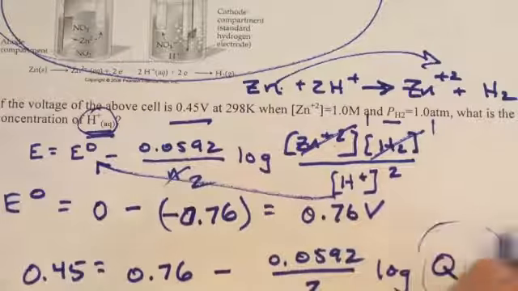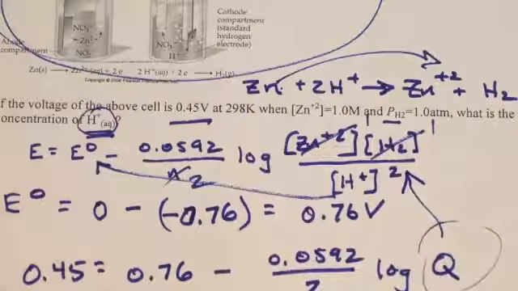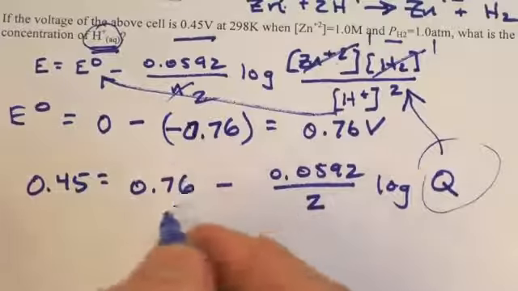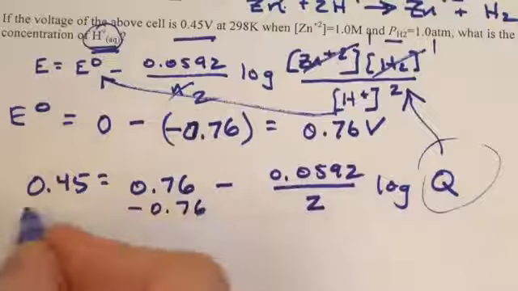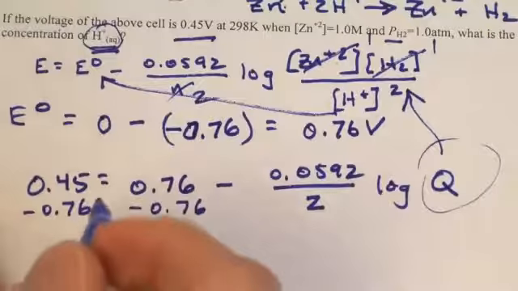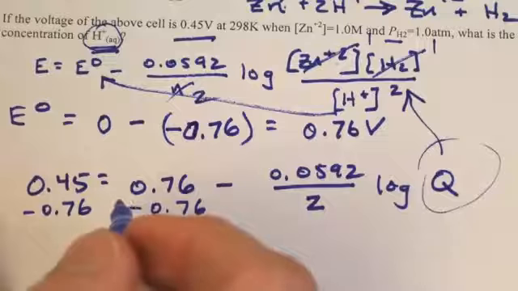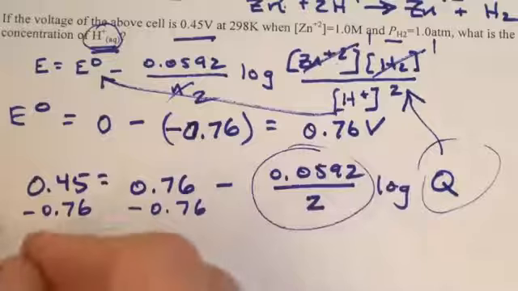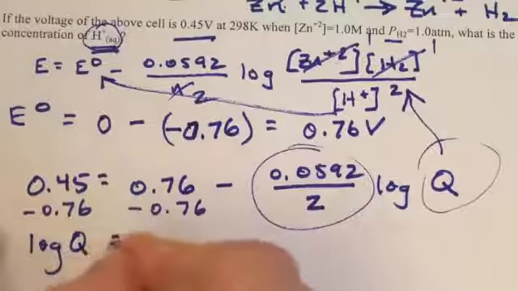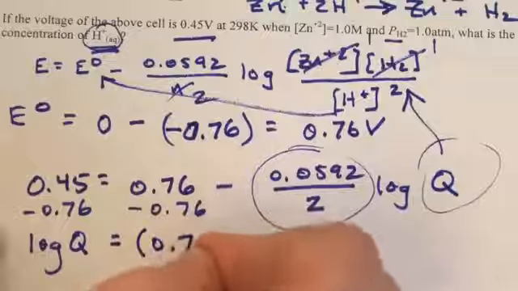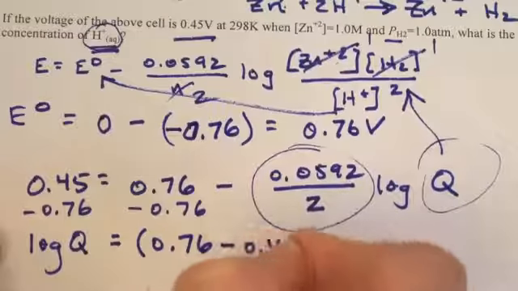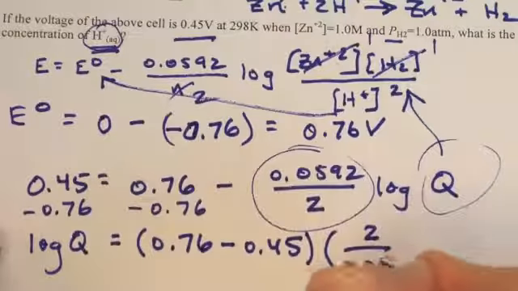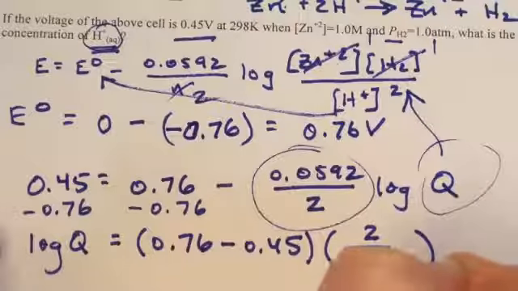And let's solve for Q first, and then we can plug it in over here to find out what the H plus is. Okay? So solving for this now, we'll subtract 0.76 from both sides, and we'll also get these over to the other side, and so it turns out that the log of Q ends up equaling 0.76 minus 0.45 volts times 2 divided by 0.0592.